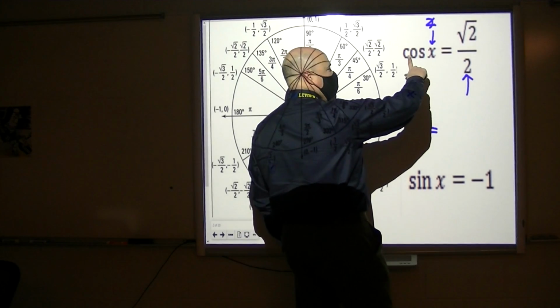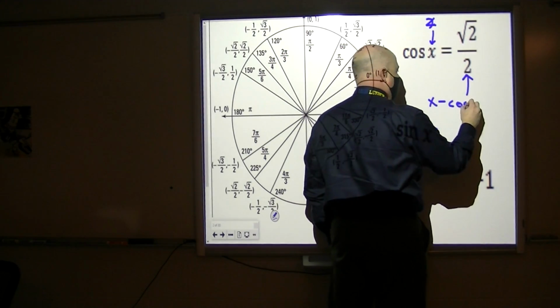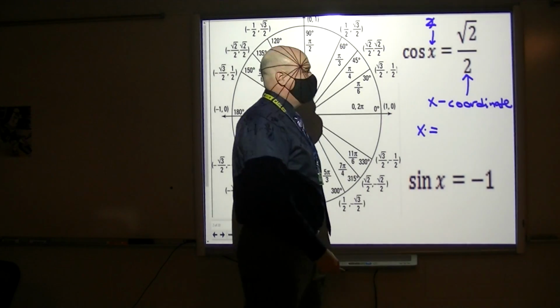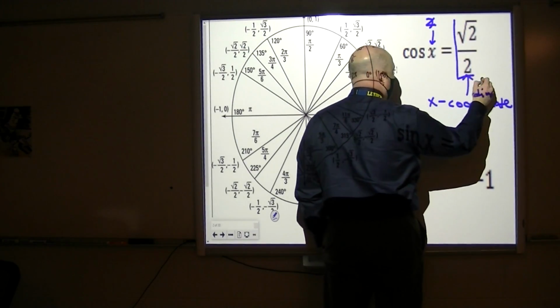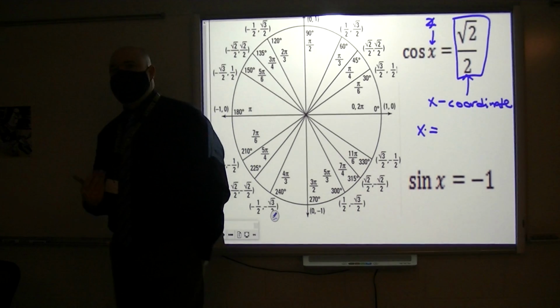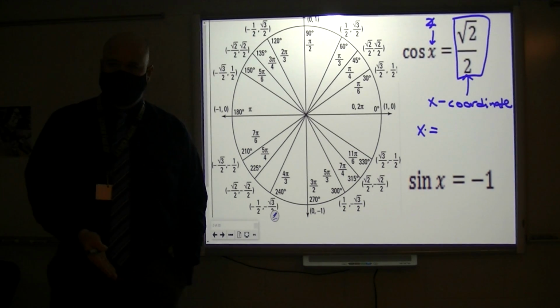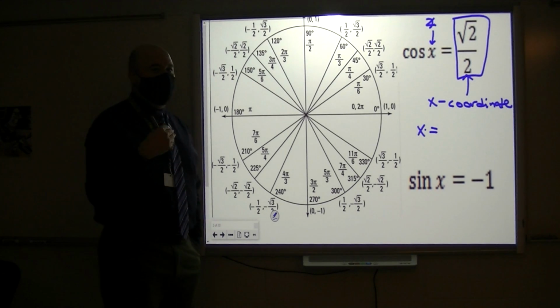Because this is cosine, this represents an x coordinate. So we're looking for this x coordinate. When we were doing this with inverse trig, we said what pi value has an x value of radical 2 over 2.